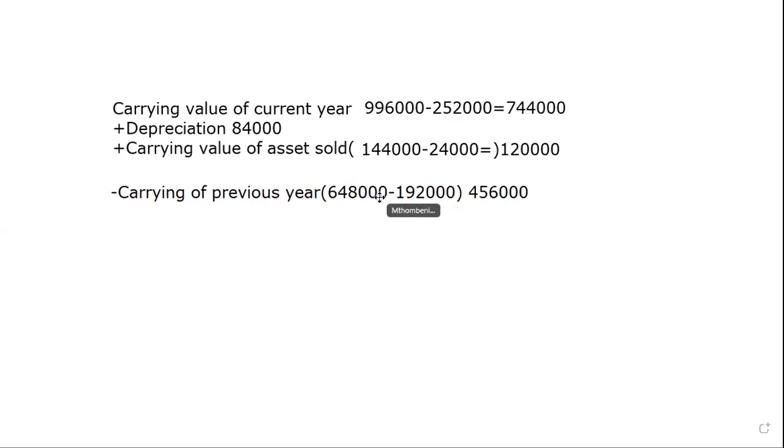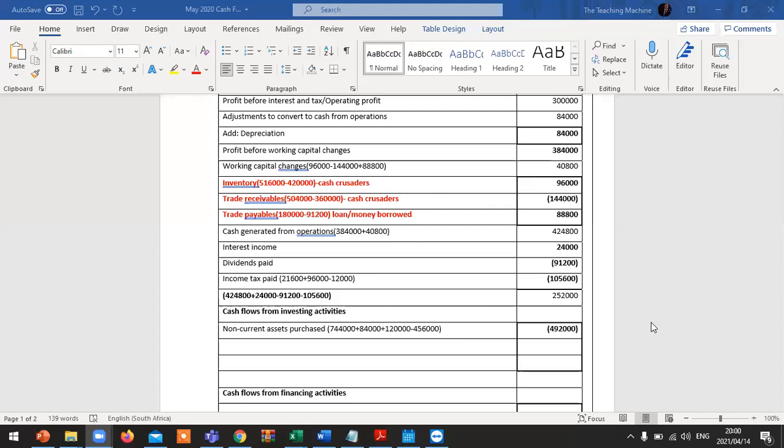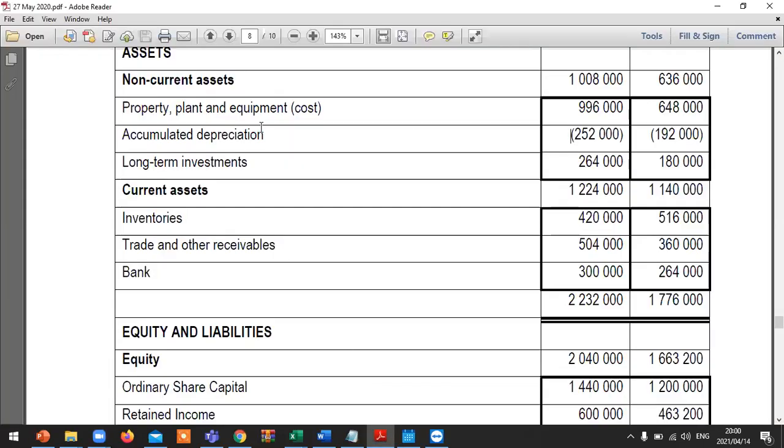So it comes from assets. But did that have cost in front of it? Yes, it had cost in front of it. Is that why we did the calculation in the bracket, because it had cost in it? Then we minus the 192. Okay, I just needed clarity on that.